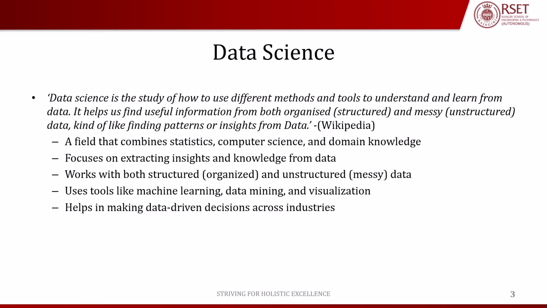It helps us in finding useful information from both structured or organized and unstructured or messy data. Kind of like finding patterns or insights from data. If you summarize these into different points, we can make five main points out of this.